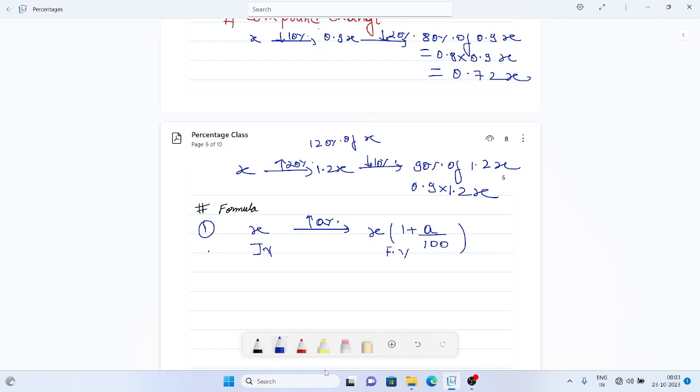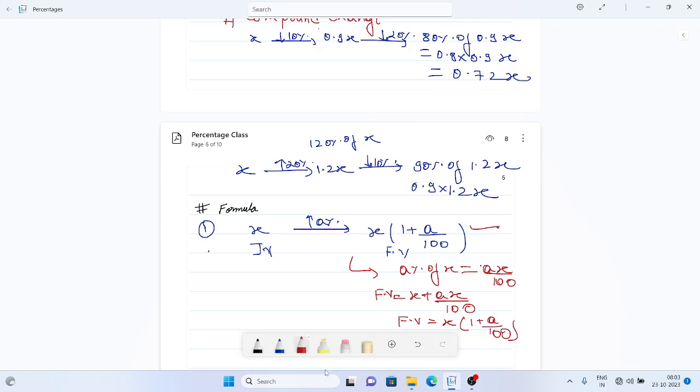Now how did I get this formula? Simple logic. Here increase by a%, so a% of x is ax by 100, right? And increase in this value means final value becomes initial value plus this value. The final value here becomes x(1 + a/100).